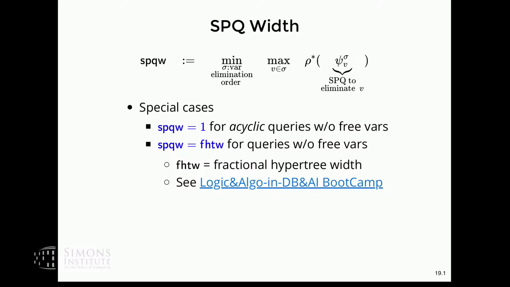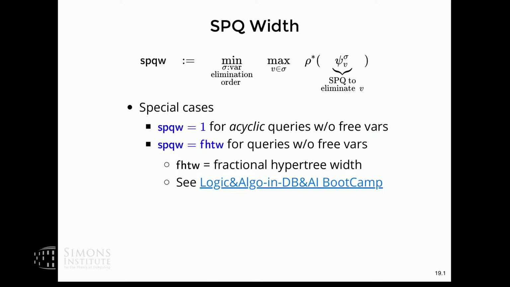This expression, sum product query width, is one for alpha acyclic queries without free variables. And it's also one for free connex queries, which Nofar told us about yesterday. For queries without free variables in general, it reduces back to the fractional hypertree width.